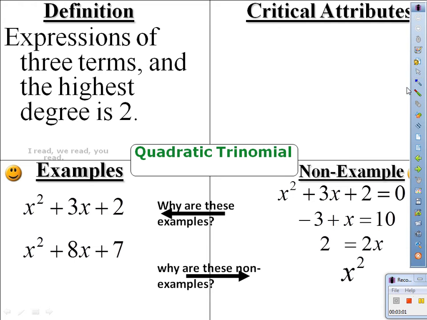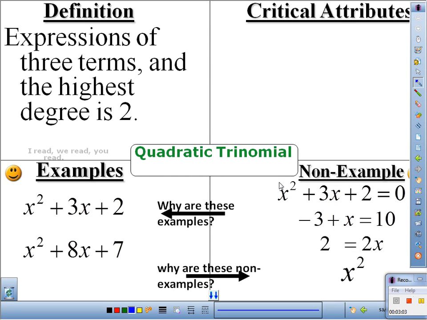Let's see, why are these not quadratic trinomials? Because they're what? Equations. And right now we're looking at what? Expressions only. However, if you look at this one, technically it is, except for now it became an equation, right? We're going to get into that later on, but for right now we're looking at expressions only.